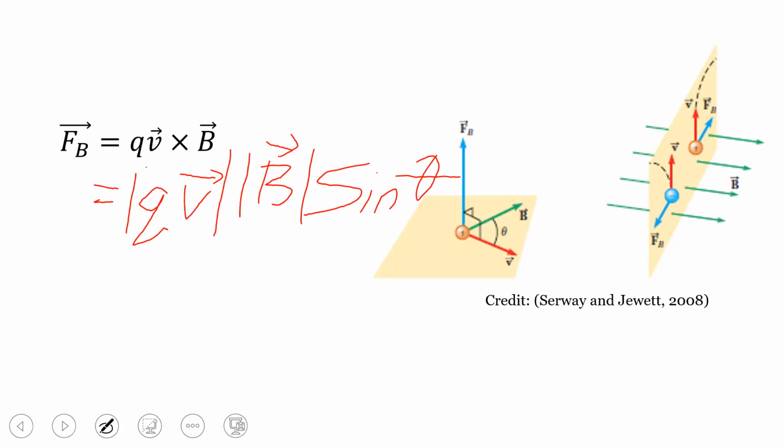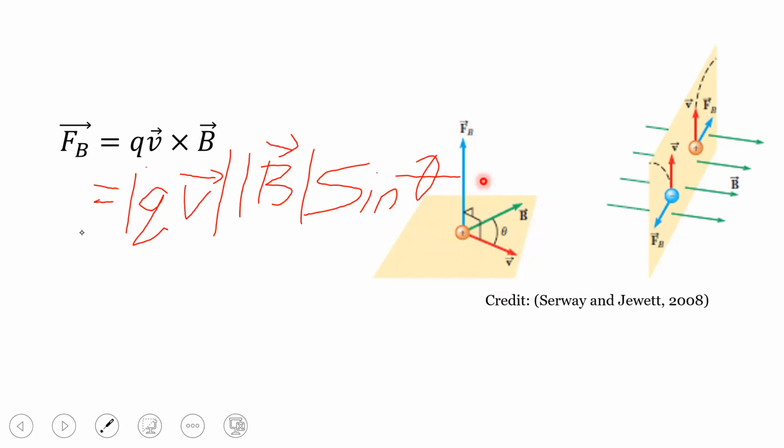Looking at this, let me come back to this diagram. This particular diagram is telling us different things. It's telling us the original direction and magnitude of V, the original direction and magnitude of B, and now the original direction and magnitude of FB. FB is perpendicular to V and B, no problem, no arguments.